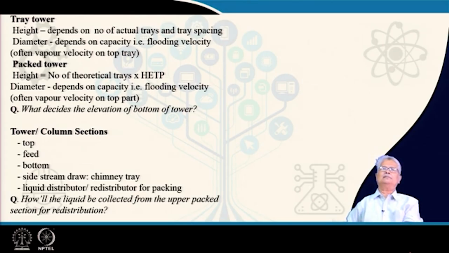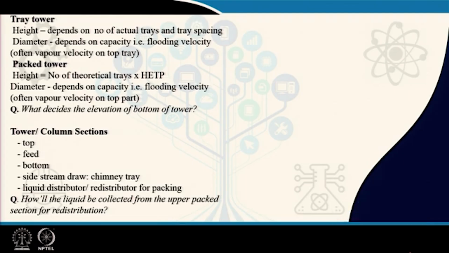The diameter depends on the flooding velocity, basically the capacity of your processing unit, maybe the distillation column capacity. In many cases, the vapor velocity on the top tray is the controlling one.